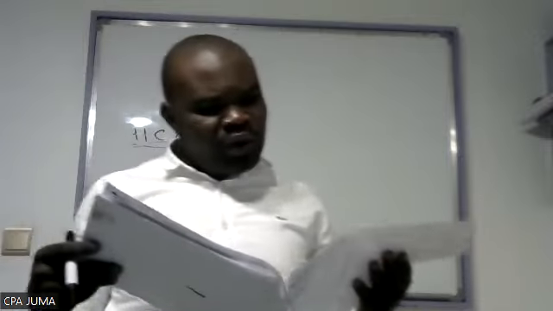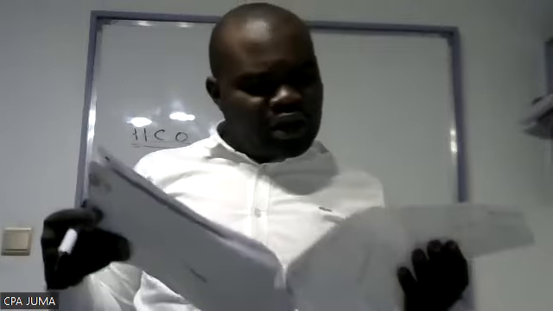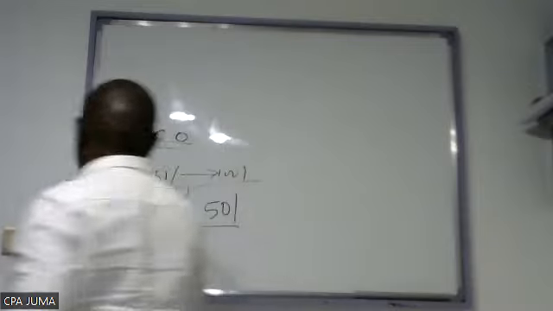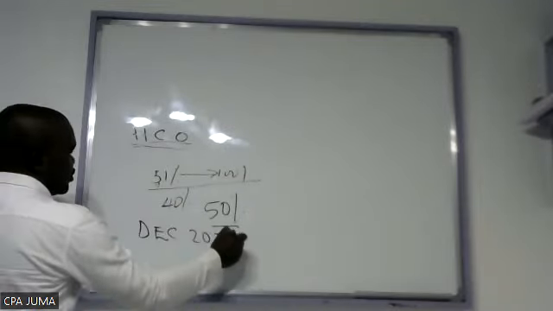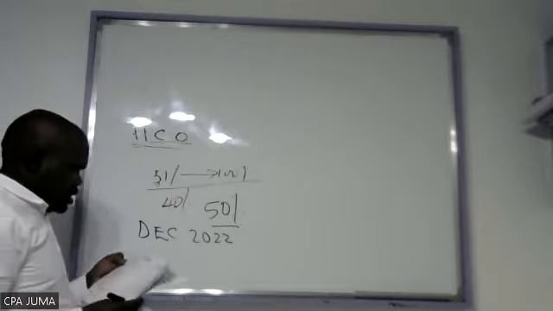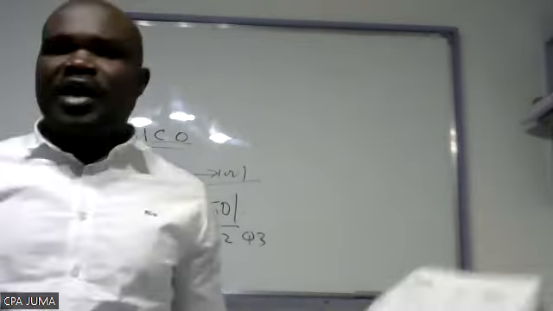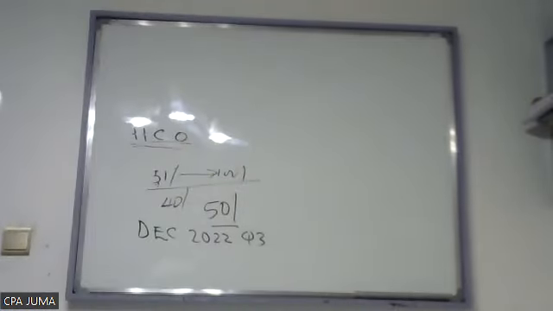So we are just reading. I want us, Brian Kidoga, check for me December 2022. That question 3, but I'm going to tell you what we are reading. We are not reading the entire thing, and there's just a small point I want us to check, then we proceed.